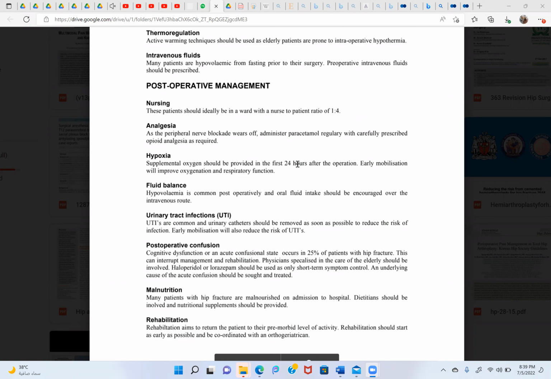For example, 1:1:1, no, wrong answer. Again wrong answer. You replace 3 ml of crystalloid for 1 ml loss of blood, so it is 3 to 4 times with crystalloids, or an equal volume of any colloid.